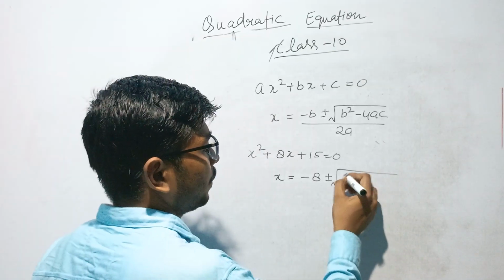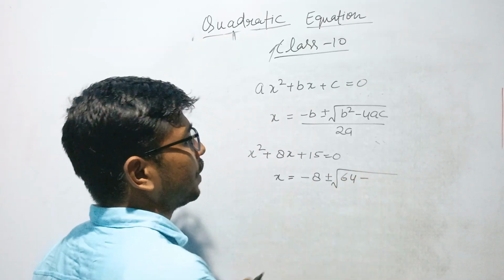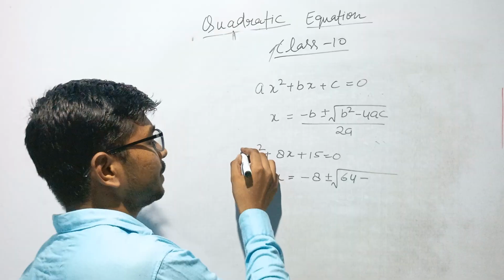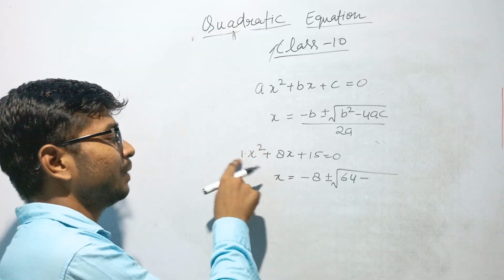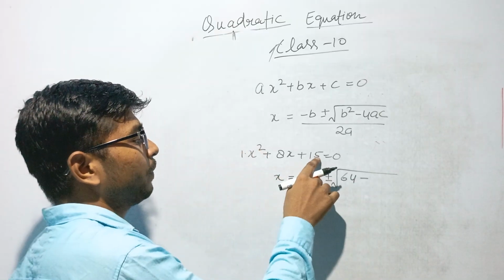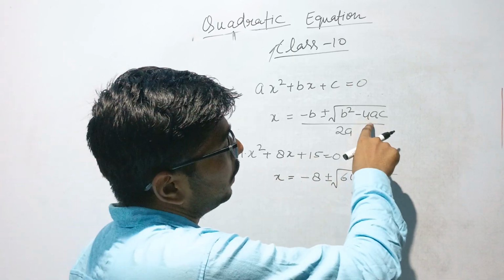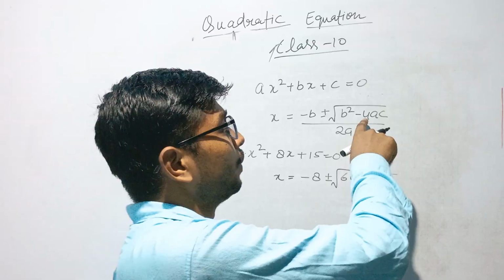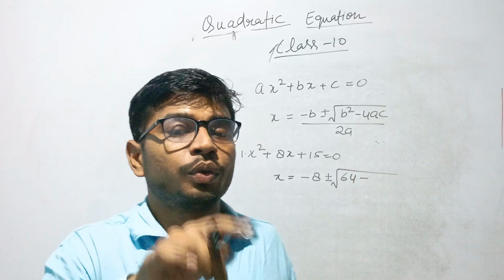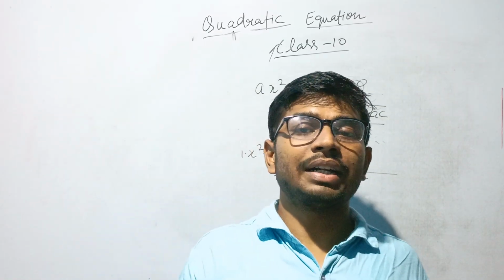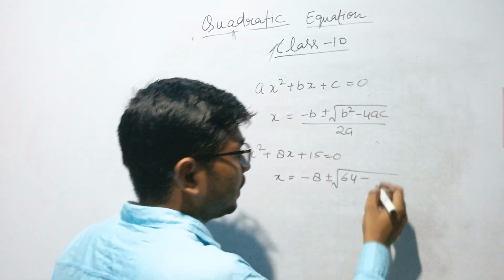So let's write 64 minus 4ac. a is the coefficient of x square, which is 1, so ac will be 15 into 1, which is 15, but you have to multiply with 4 as in the formula 4ac, so 15 into 4 will be 60, right?